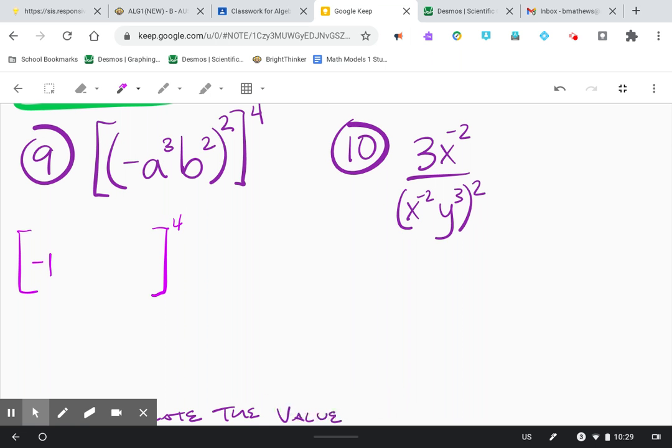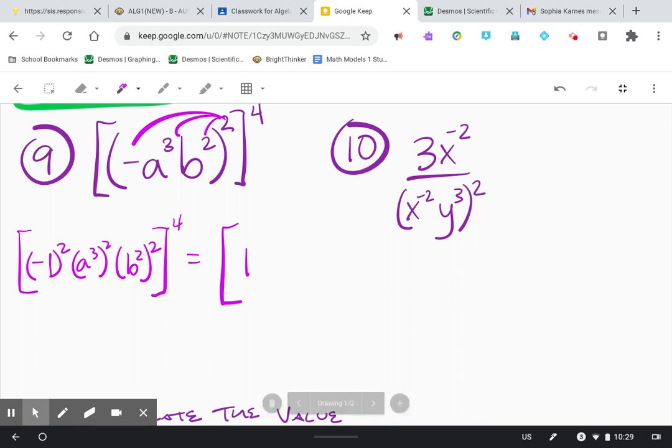So it's going to be negative 1 squared, a to the 3rd squared, b squared squared. So notice we're distributing this 2 to everything. We get inside the brackets, we get negative 1 squared, it's just 1, so we don't really need to write that, but we will. A to the 6th, b to the 4th.